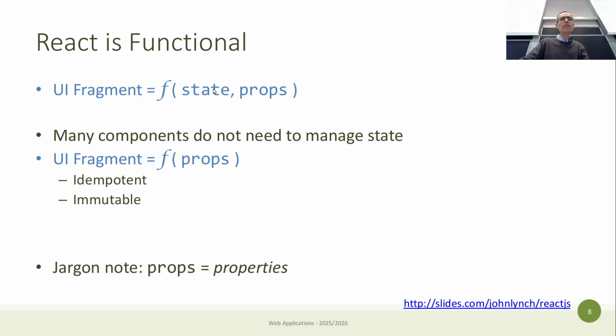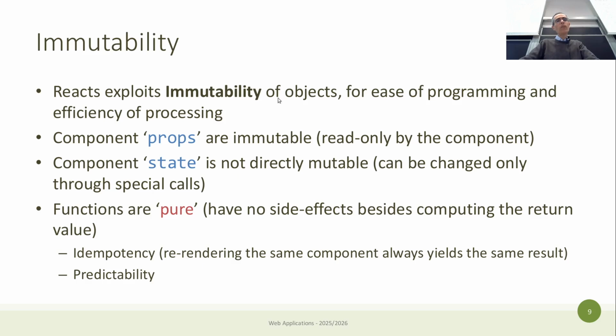The state that is contained in the web application, like I told you before, the data that the application has and so on, but this is a topic for later. So React exploits this immutability of objects to simplify the programming and the efficiency of processing what we write in JavaScript to render the user interface.